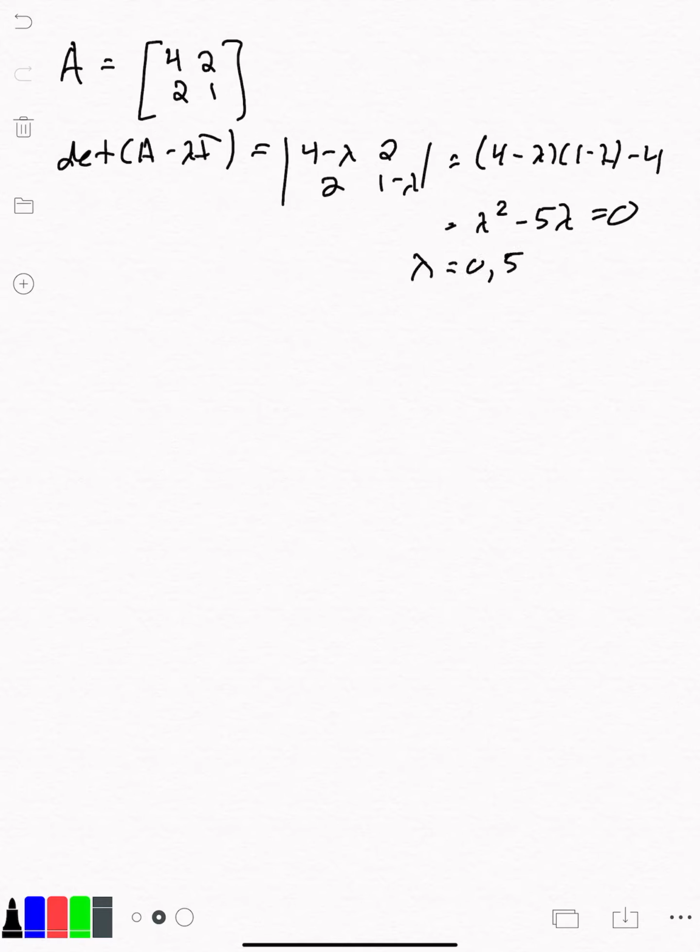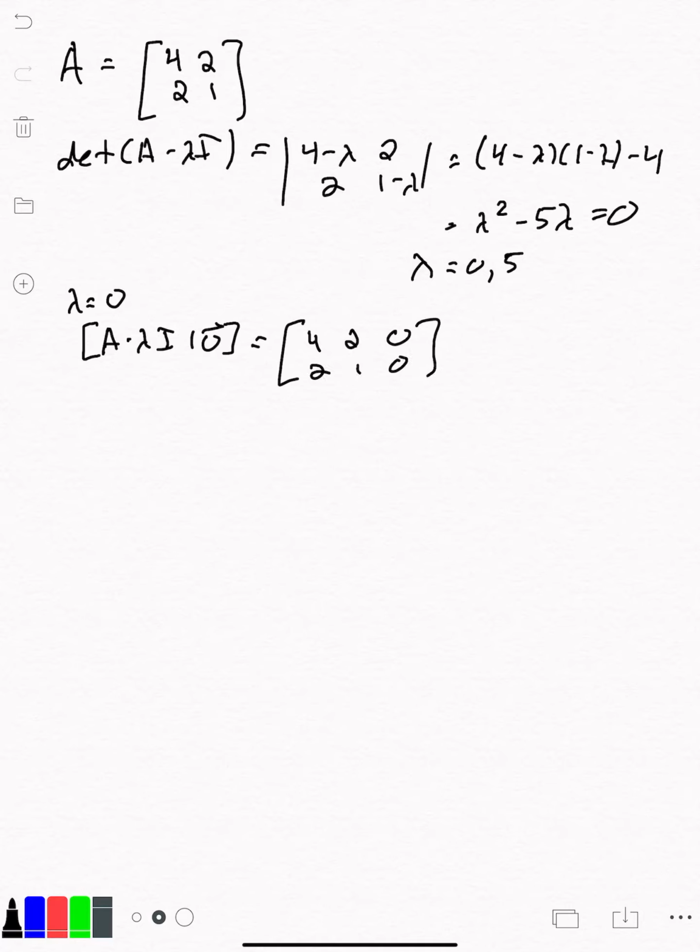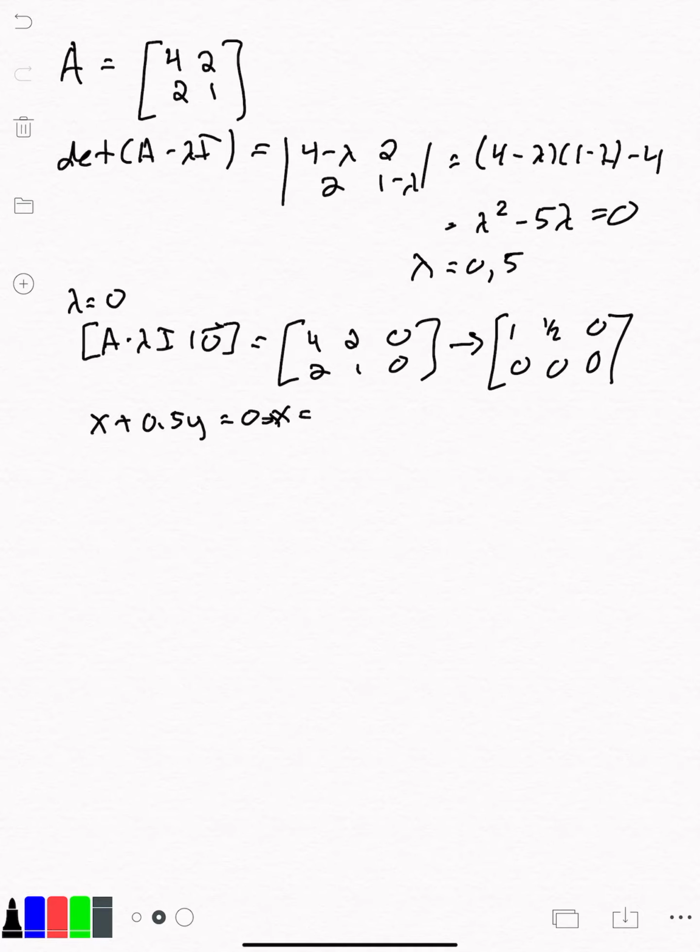I'll look at each one of them. If lambda is 0, then A minus lambda I augmented with 0 is 4, 2, 0, 2, 1, 0. RREF that, and we get x plus 0.5y equals 0, so x equals negative 0.5y.